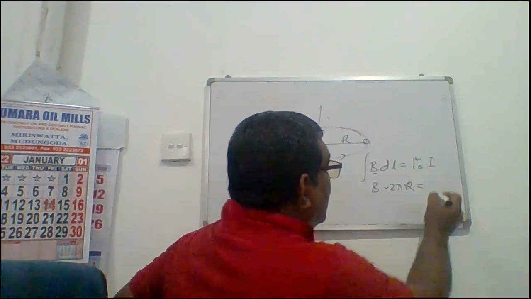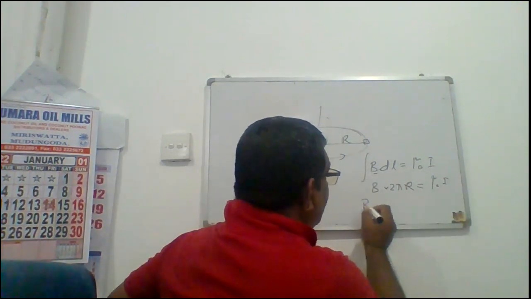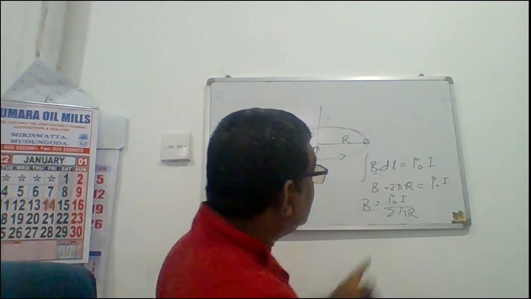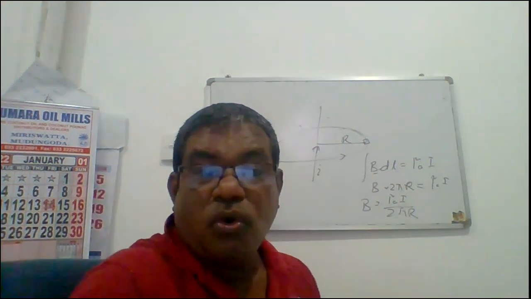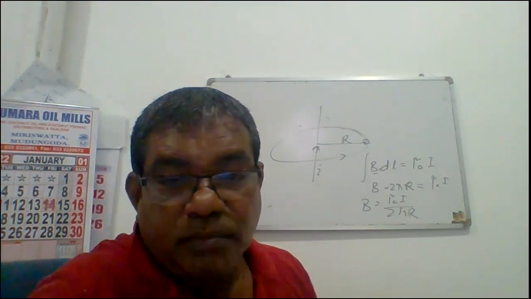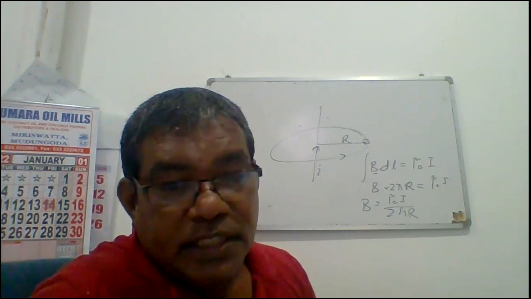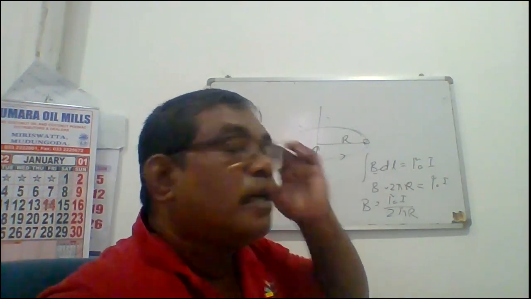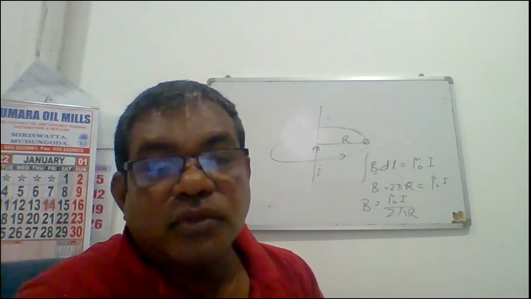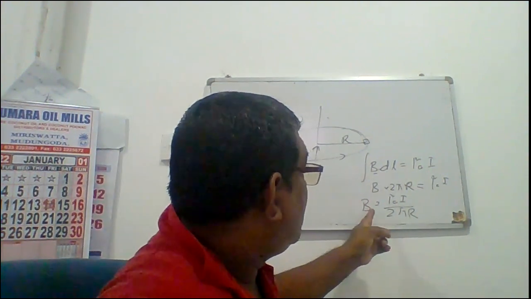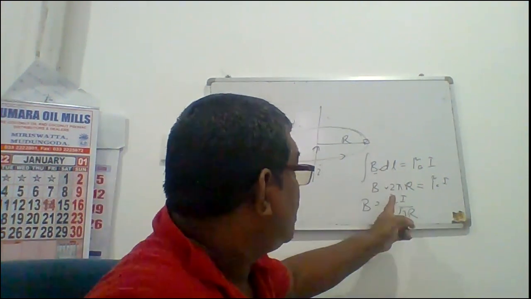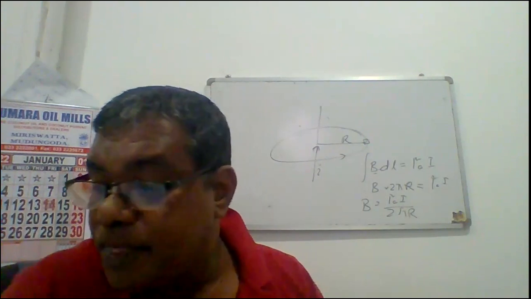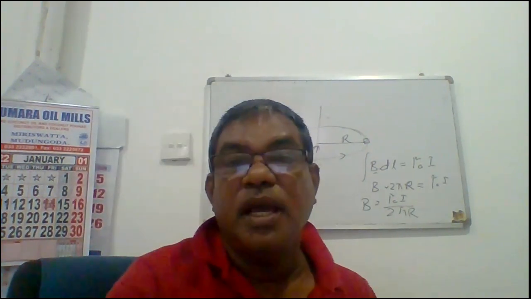So 2 pi r times B is equal to mu naught I. Therefore, B is equal to mu naught I divided by 2 pi r. The dl is the whole path of the magnetic field line, that is the circumference, 2 pi r. So we derive the magnetic field B as mu naught I divided by 2 pi r, by using the application of the Ampere's law.